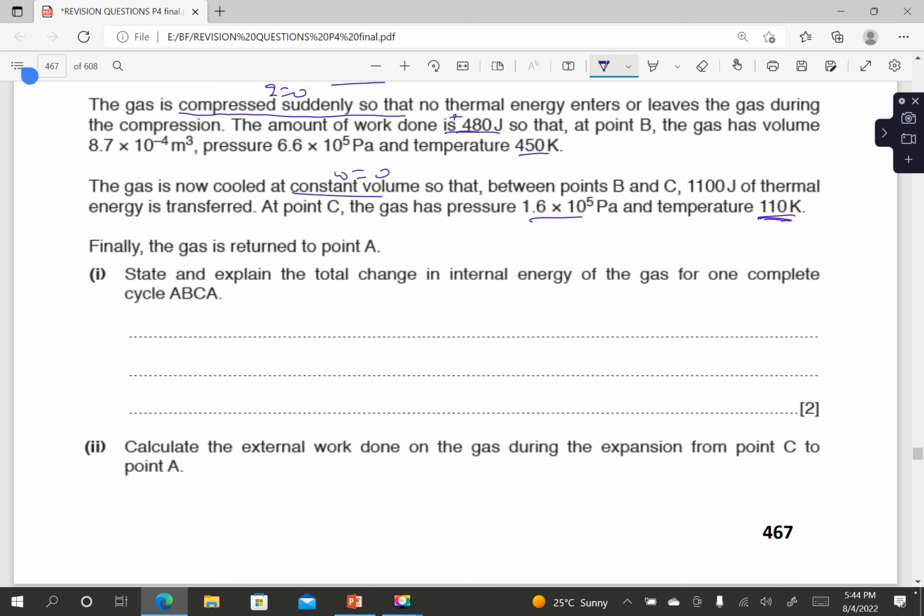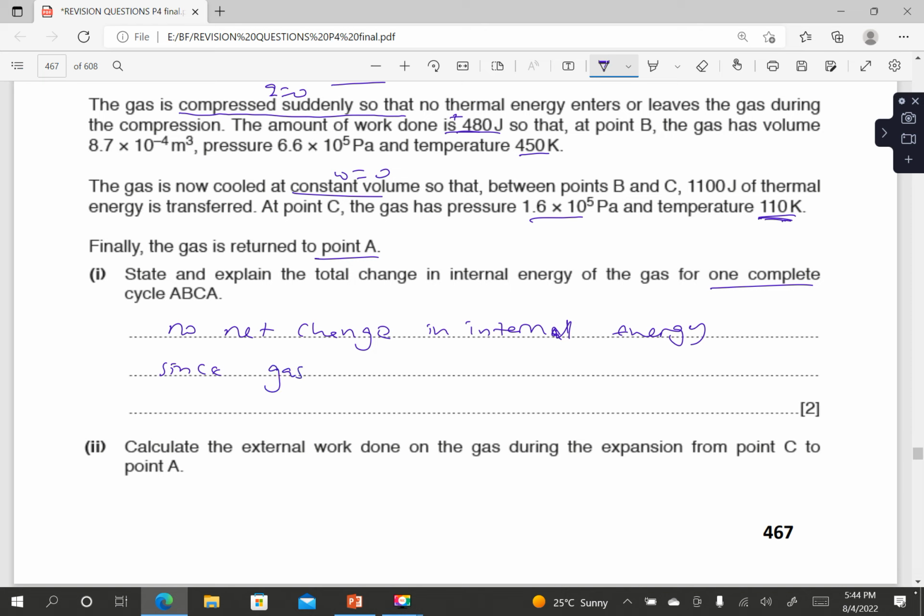Okay. Finally, the gas is returned to point A. State and explain the total change in internal energy of the gas for one complete cycle. Of course, there is no net change, the total change is 0. There is no net change in internal energy since the final temperature is equal to the original temperature.